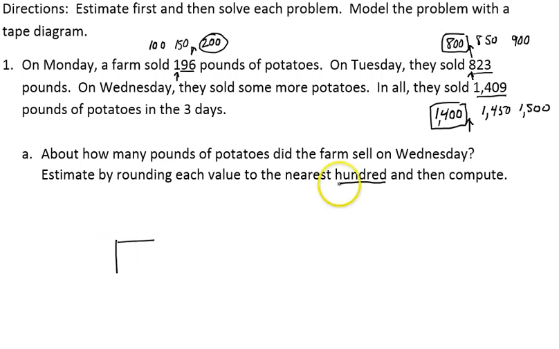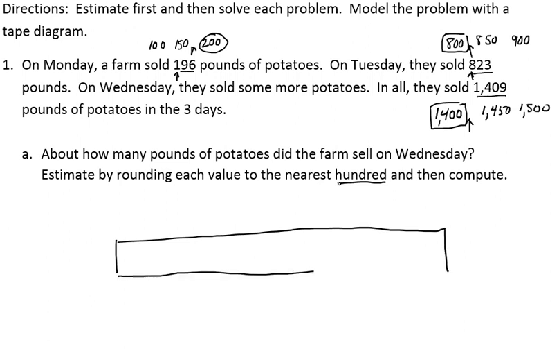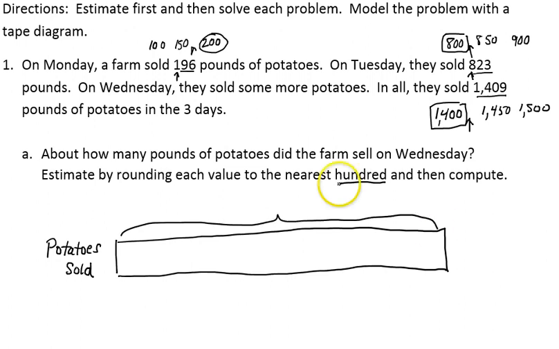So I'm going to make one tape showing all the potatoes sold. I'll label it potatoes sold. And I'll show that we have a total of about 1,400 pounds of potatoes. Now I know how many they sold on Monday.